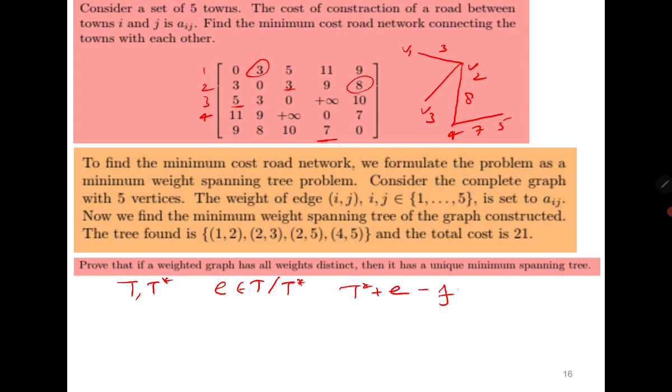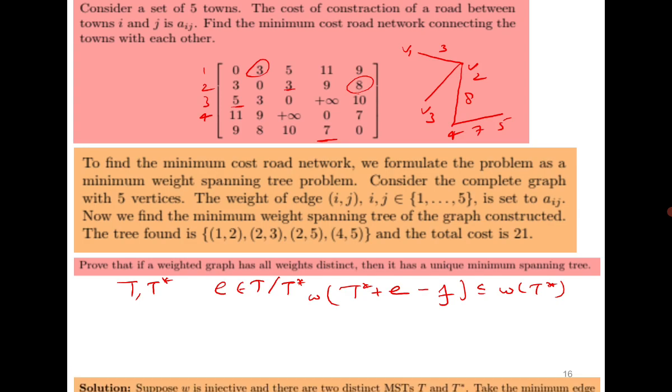And if I consider T star plus E minus F, then E is the edge with the minimum weight. And therefore, the weight of T star plus E minus F should be less than or equal to weight of T star. But we have assumed that T star is a minimum weight spanning tree. So this is a contradiction. And therefore, we cannot have two minimum weight spanning trees when all the weights are distinct.